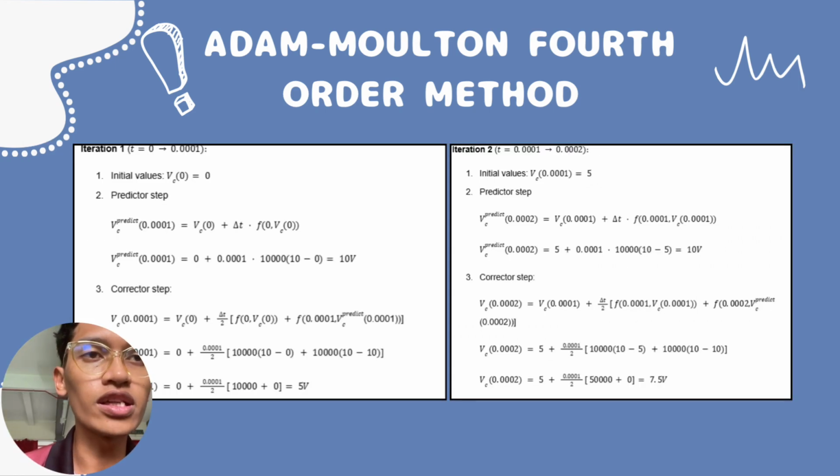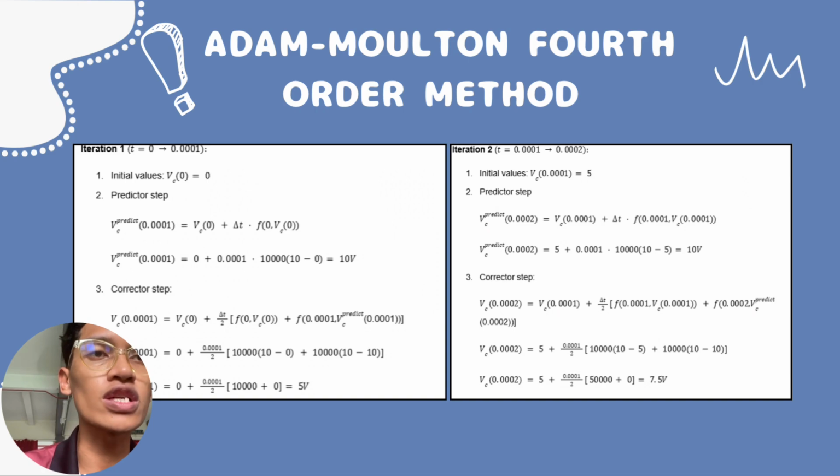Iteration 1: t equals 0 becomes 0.0001. The initial value is VC(0) equal to 0. Predictor step: V predict(0.0001) equals VC(0) plus delta t times F(0, VC(0)).